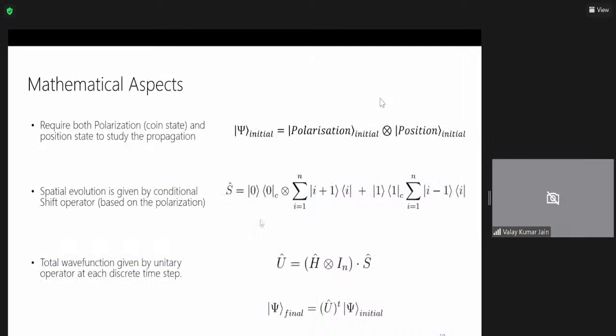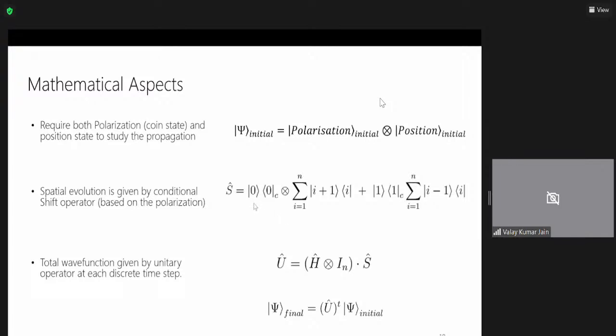So I told you that you can just do a tensor product between the polarization and the position. You have a wave function. Now you can do the spatial evolution by using a conditional shift operator. So our Hadamard is actually a quantum coin toss equivalent over here. Like you have a classical coin toss, heads and tails, you have a quantum coin toss in which 50-50% probabilities can change.